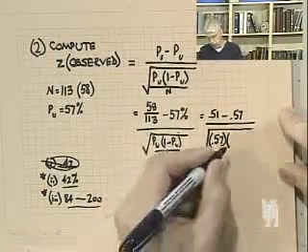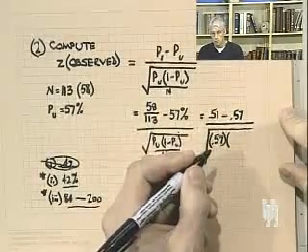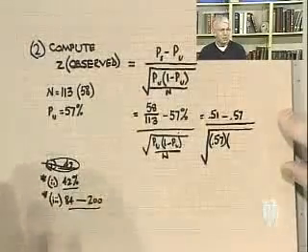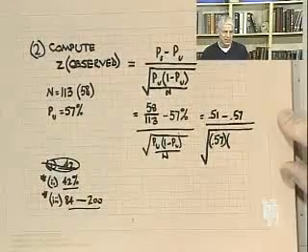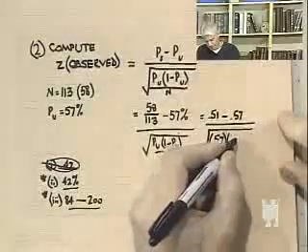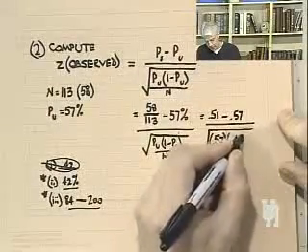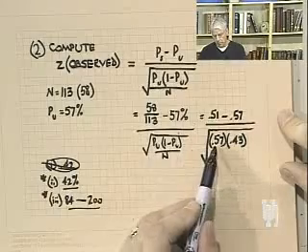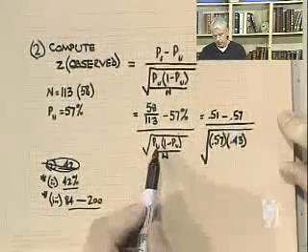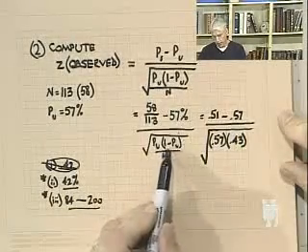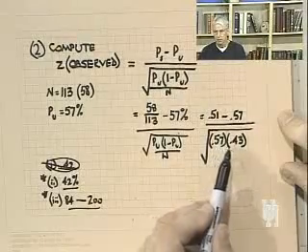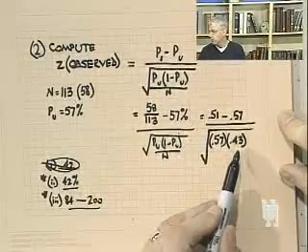Will we agree that it's 0.62? No, we wouldn't. We would agree that it's 0.43, I hope. P subscript U, which is 0.57, we decided, multiplied by 1 minus P subscript U, which is 1 minus 0.57, which is 0.43.